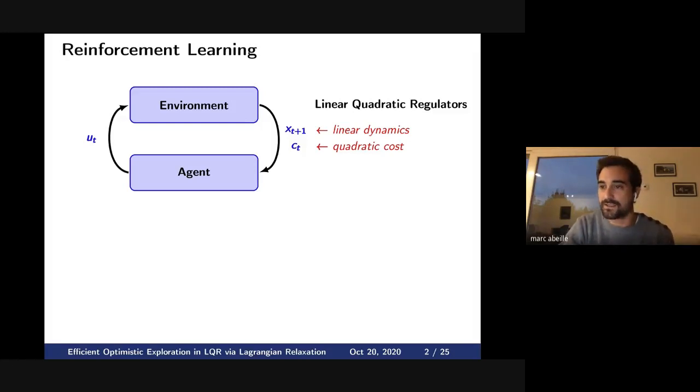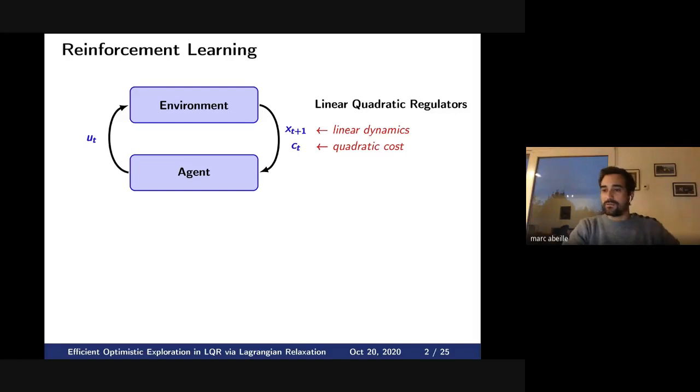It's an infinite state space. But of course, this comes at a cost, and the cost here is to impose a specific parametric structure on the environment. Mainly, the dynamics are assumed to follow a linear model, so the next state is given by a noisy linear mapping of the current state and control, while the cost is a quadratic function of the control and state.